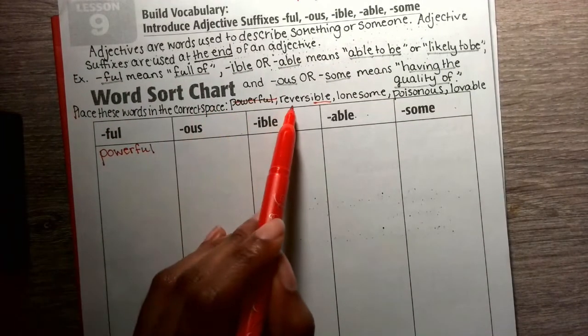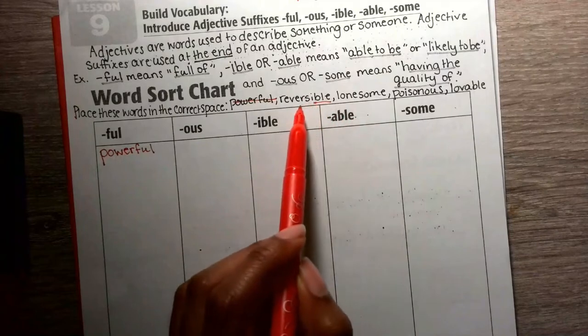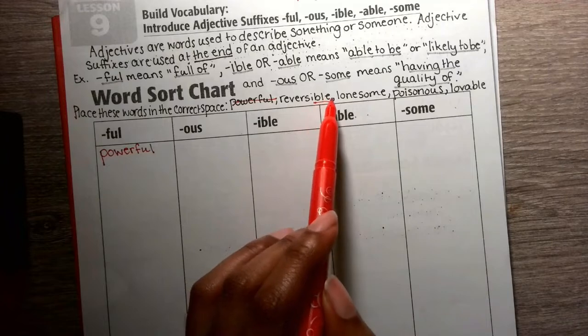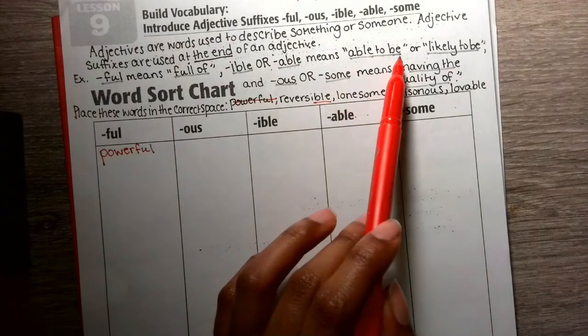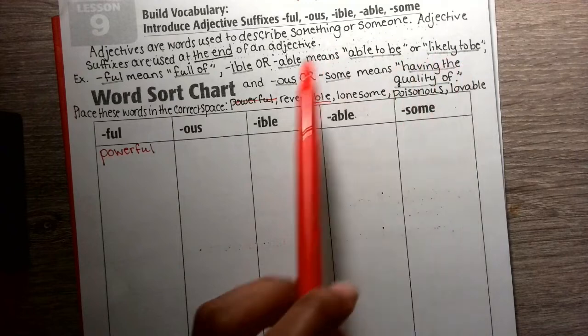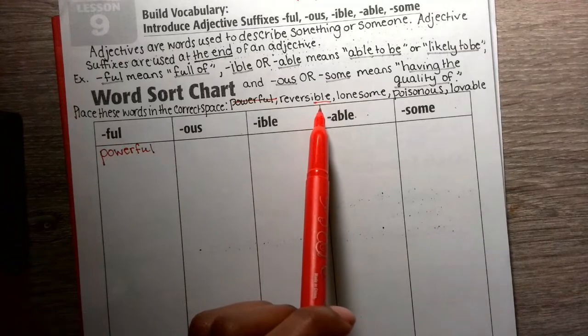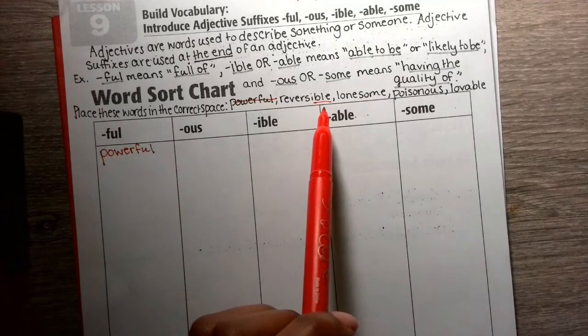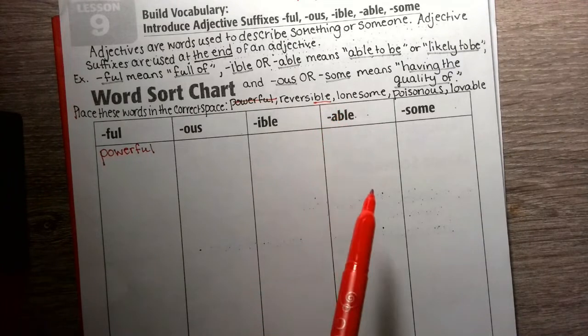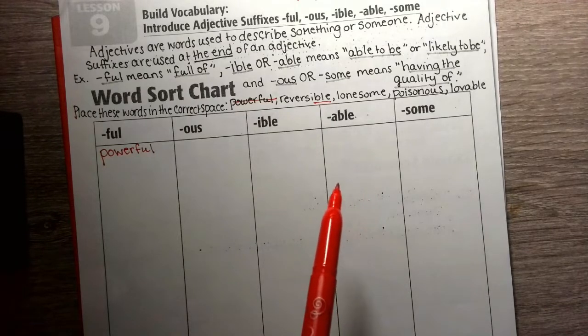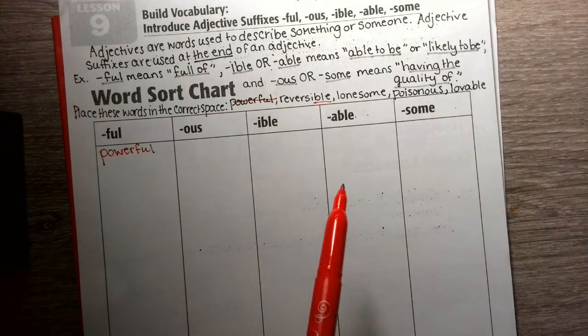So let's look at the word reversible. Reversible ends in able. Able means able to be or likely to be. So if something is reversible, then it has the ability to change. So think of water. Water is able to change. If you put water in an ice cube tray, it will be liquid.